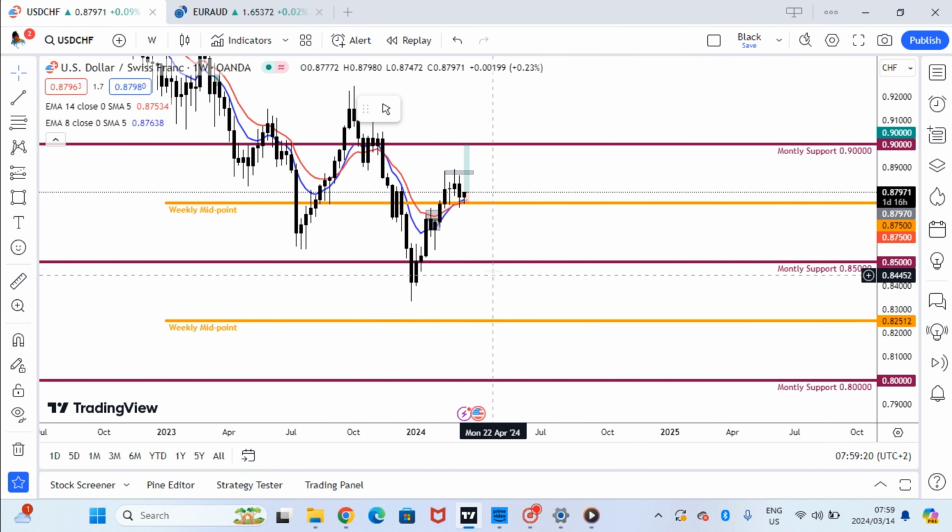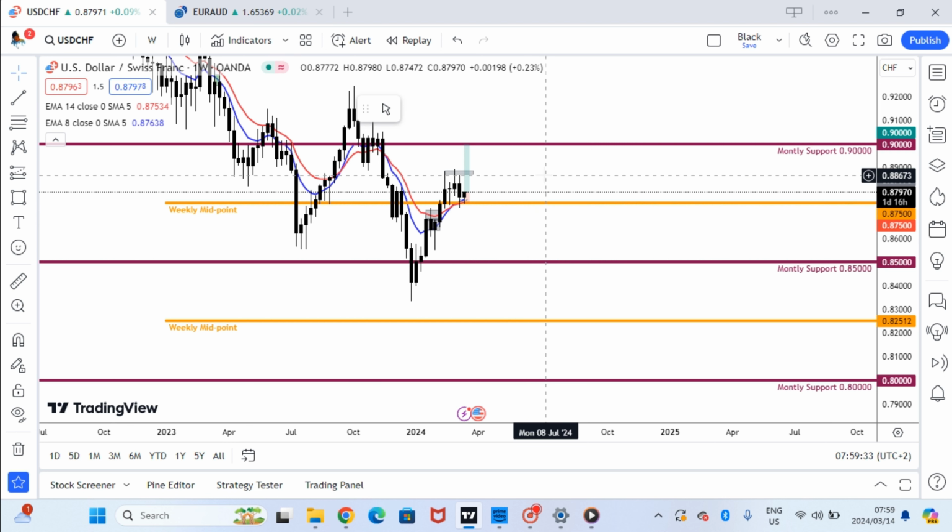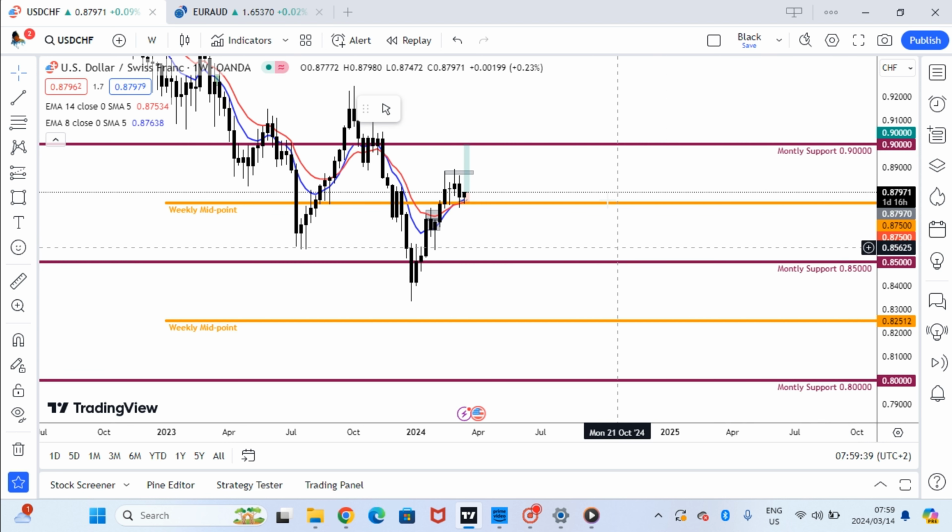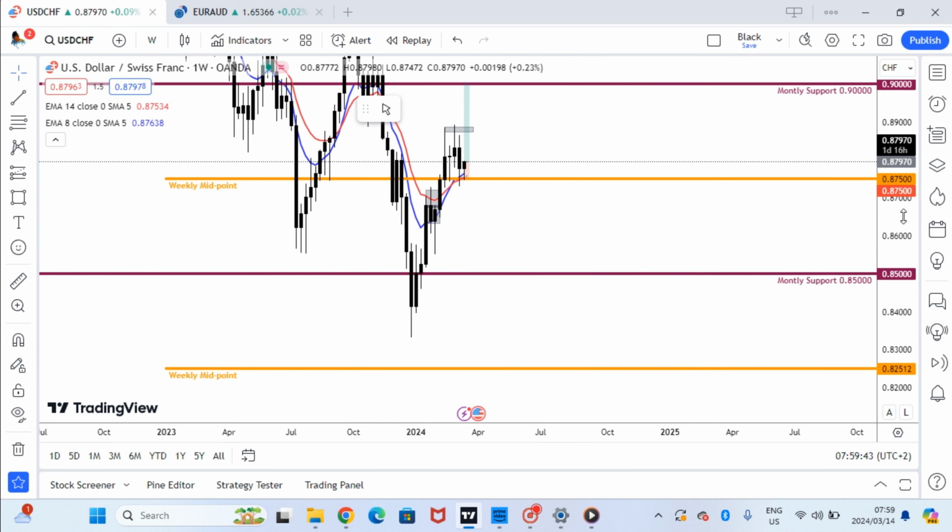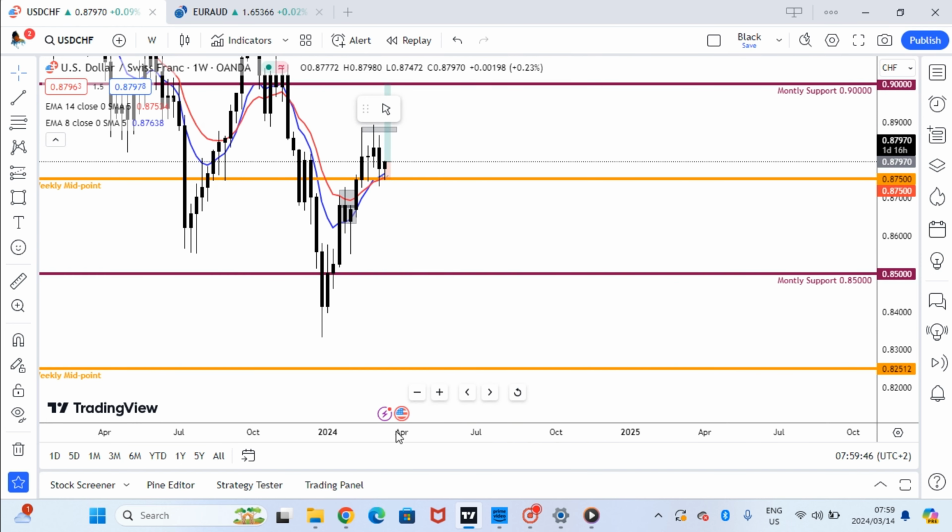Currently we are dealing with these three zones: the monthly support of 0.85, the weekly midpoint of 0.75, and then the other monthly support of 0.9. So that is the area I'm currently looking at, right?